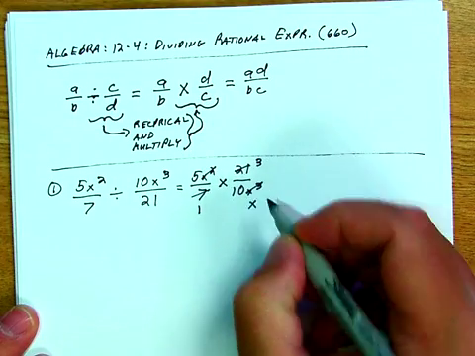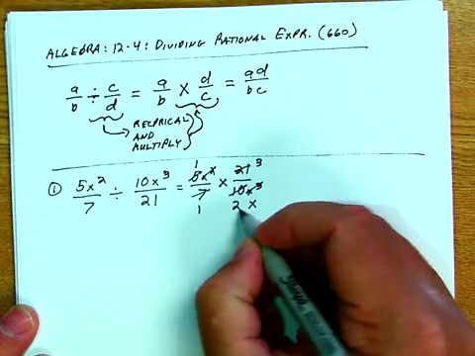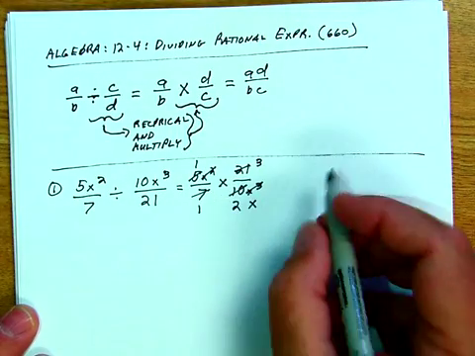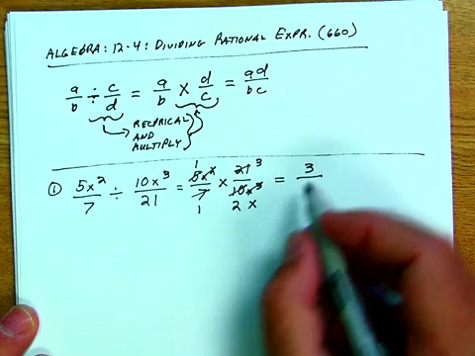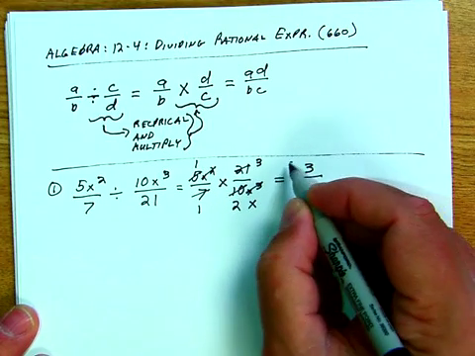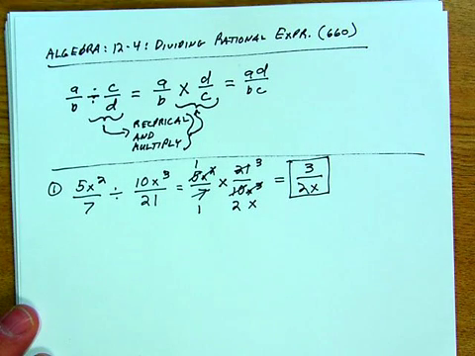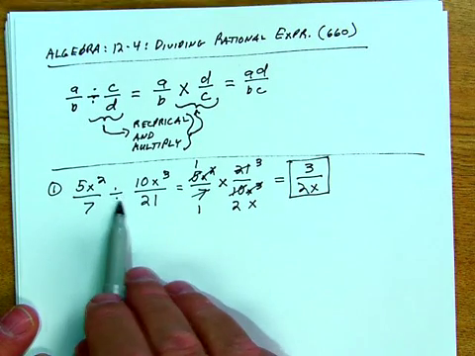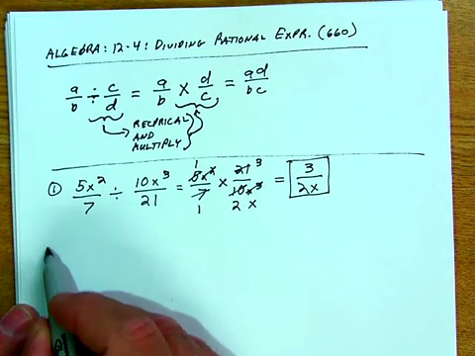That leaves me with just an x. 5 goes away to a 1, and this is a 2. So you can say 1 times 3 on the top, then 1 times 2x on the bottom, and there is my final answer. And all I did was take the division sign, make it a multiplication, reciprocal it, and then I multiplied just like normal.